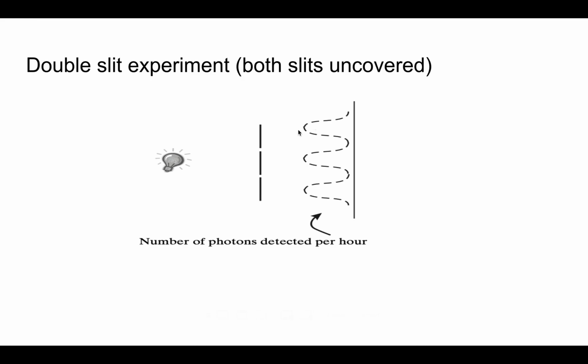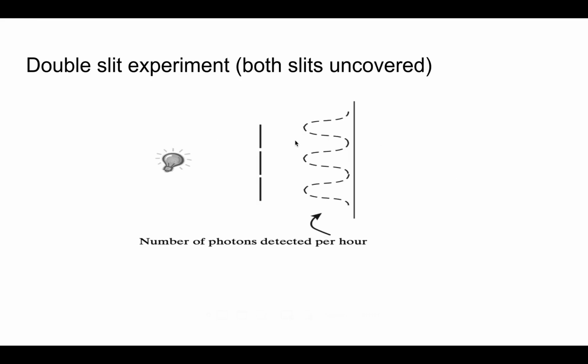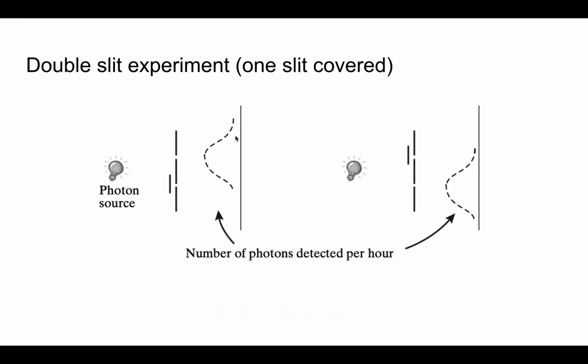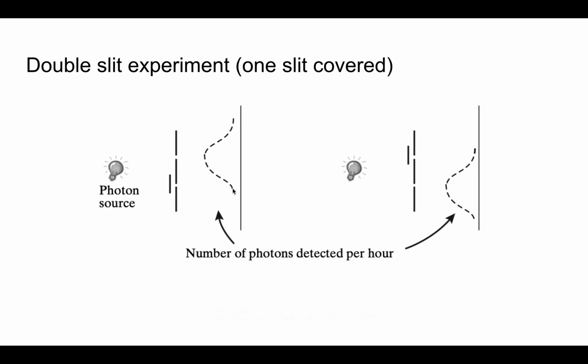Now the thing is that when we do not cover the slits, we observe that this pattern is a bit against what we would intuitively expect. We would expect the pattern for when we do not cover any slit to be this pattern plus that of this.